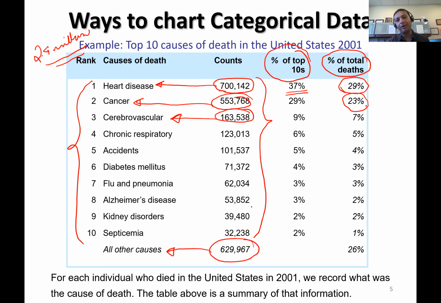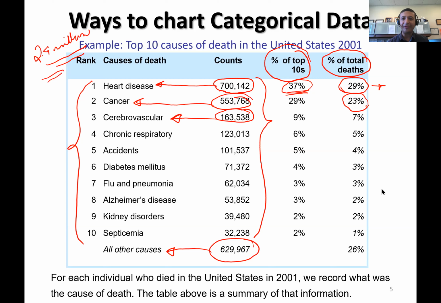So naturally, your heart disease percent of top 10s is much higher than the heart disease percent of total deaths. Here, the underlying population is 2.4 million. Here, the underlying population is only the sum of the top 10 deaths. And so we have to understand, when we are reporting data, what is it that we are using in the reporting process.